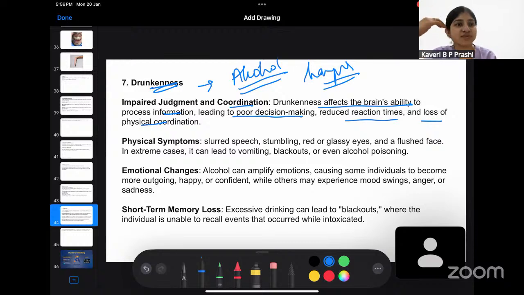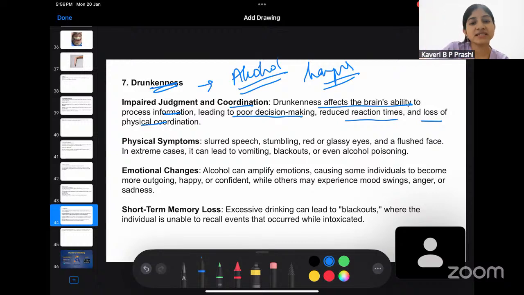His judgment is hampered, the brain's ability to understand information and take decisions becomes very poor, and the reaction time goes down. There is no proper physical coordination seen.